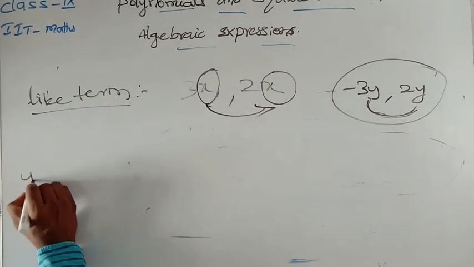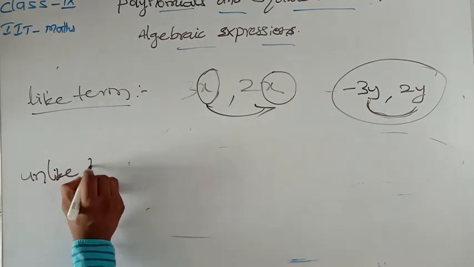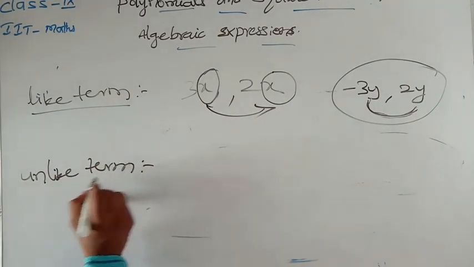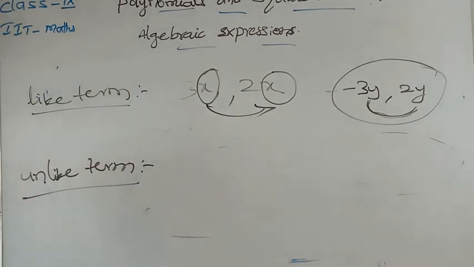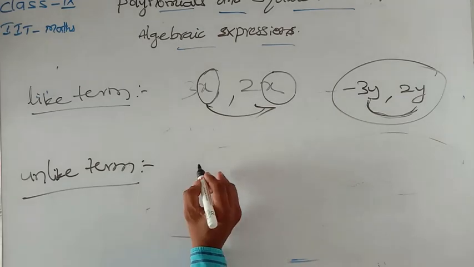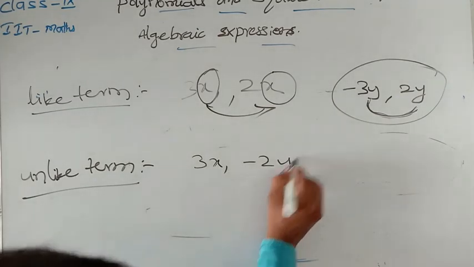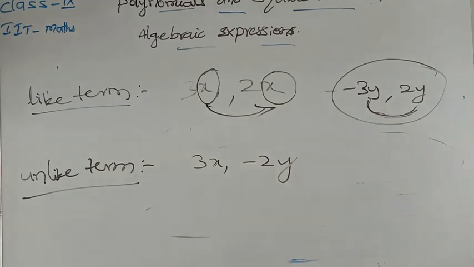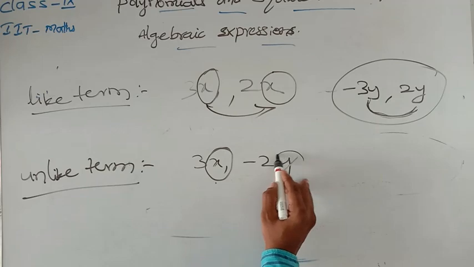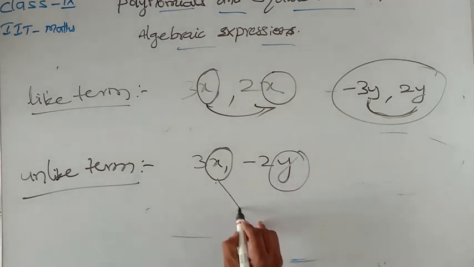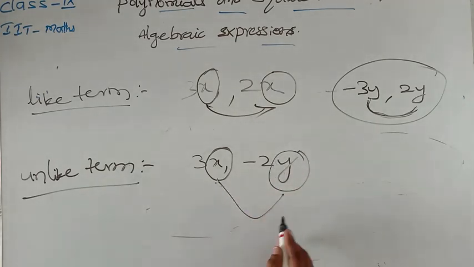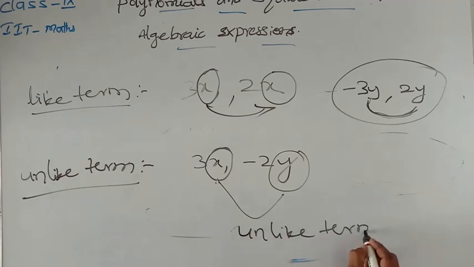Whereas unlike terms, the terms which are having different literals are called unlike terms. Example, I am taking 2x comma minus 2y. So here in first case the literal coefficient is x and in second case the literal coefficient is y. Hence these two are not same. Hence it is an unlike term.